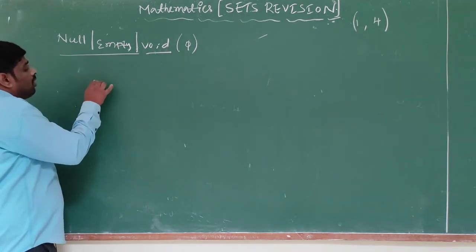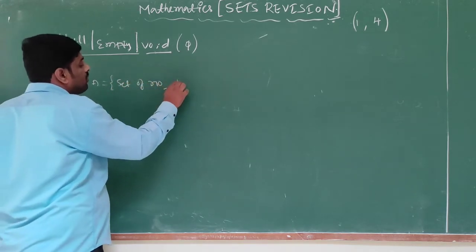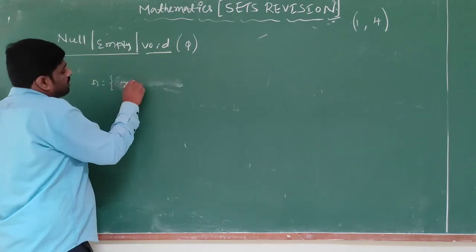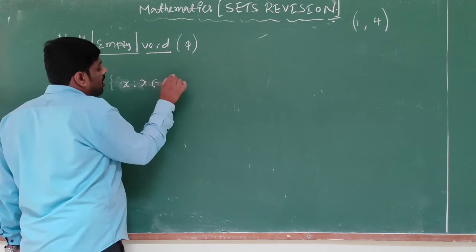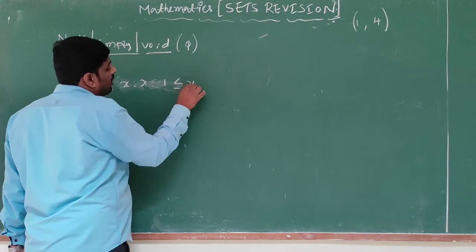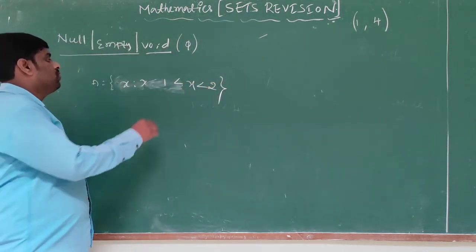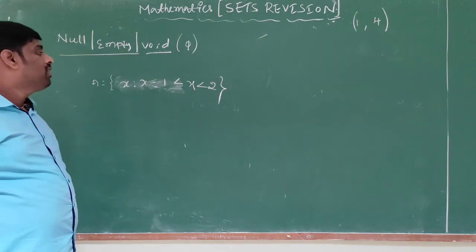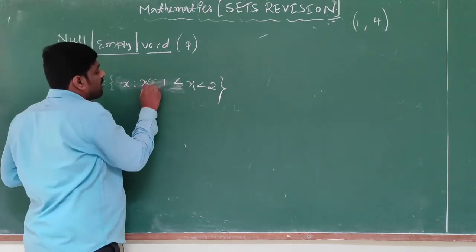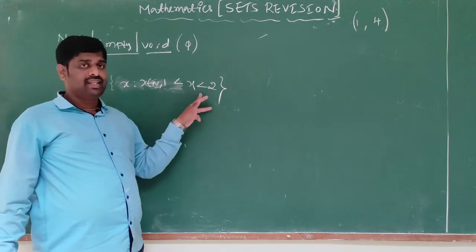For example, the set A is equal to x such that x belongs to N, 1 less than x less than 2.